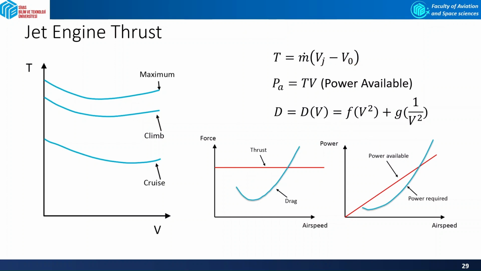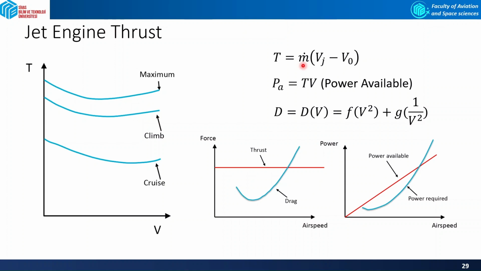So if you increase the air speed, then mass flow will increase. When the speed increases, mass flow also increases. But the point in here is that the jet velocity is not really affected to a great extent, because the jet velocity mainly depends on the compression ratio.